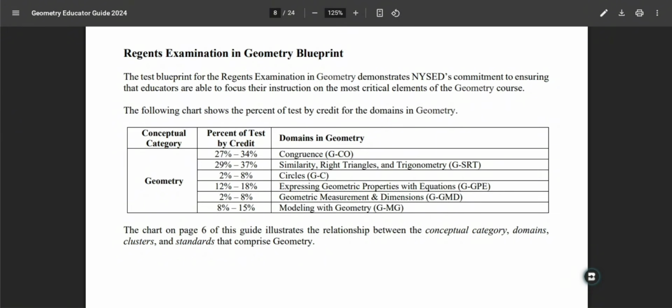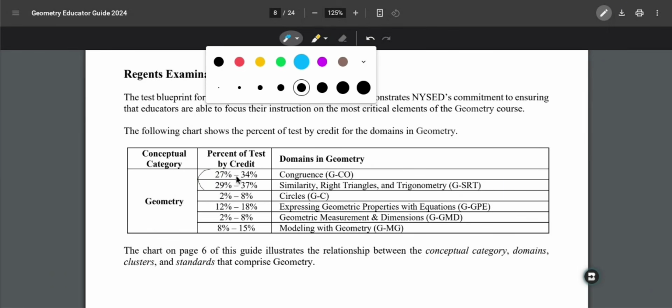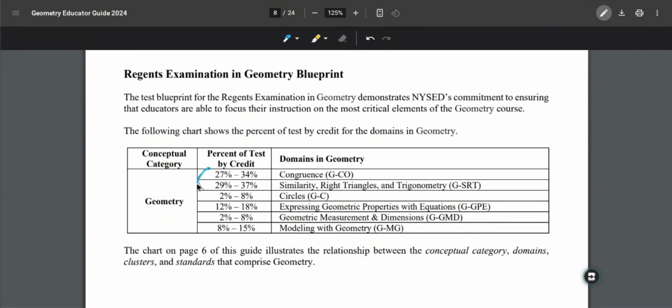So this is from the New York State Department of Education in regards to the Geometry Regents, and this is the Geometry Educator Guide. In 2024 it was released, but this is for the June 2025 exam. So for this exam this year, the following are the categories that you guys are going to be tested on with their percentages. The biggest and most dominating sections in geometry are going to be congruency and similarity.